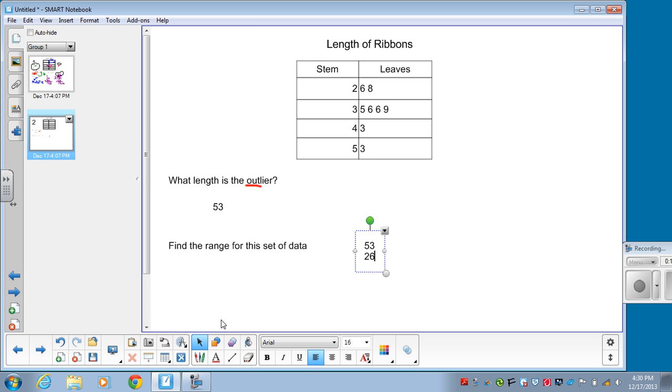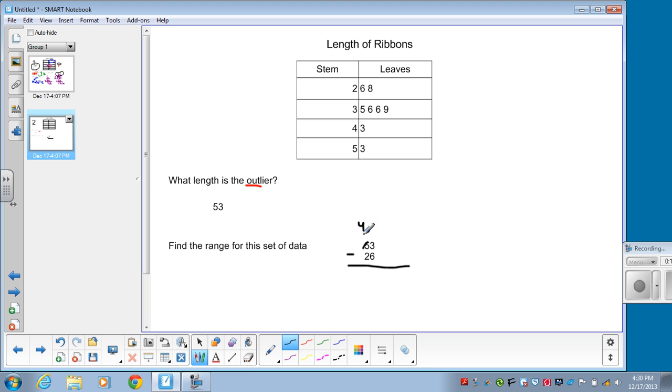Now we just have to subtract. Use your awesome subtracting skills. And remember, if it's big on the bottom, you better borrow. Can we take 6 from 3? You're correct, no. What do we have to do? Yes, we have to cross out the 5 and make it a 4.